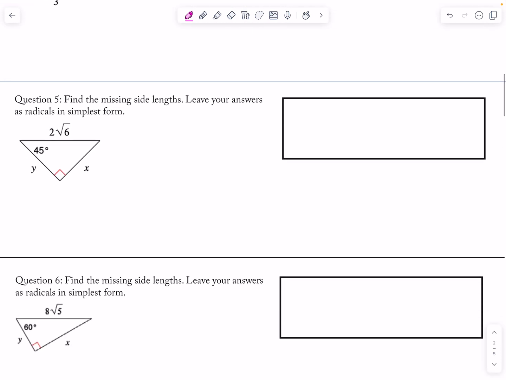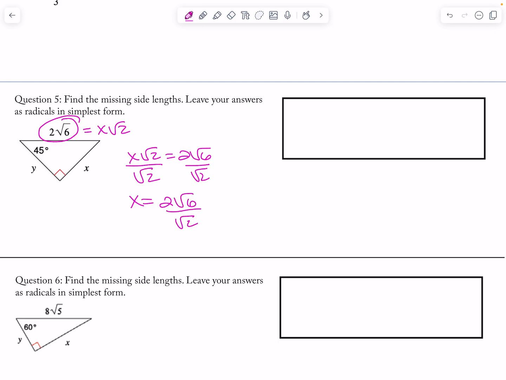Okay, so again, this is going to be equal to x root 2. So if x root 2 is equal to 2 root 6, then when I divide both sides by root 2, I get x is equal to 2 root 6 over root 2. Rationalize my denominator.